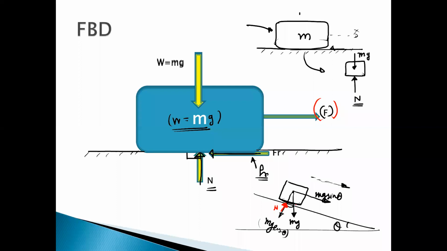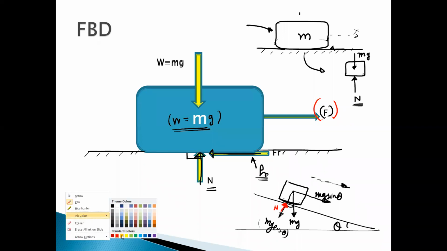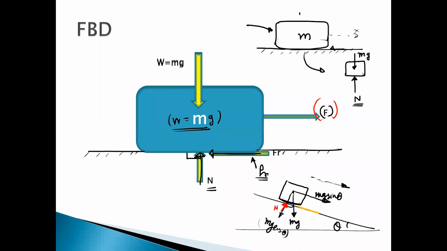Even if the object is not sliding down the plane, there will be one force which will oppose that motion, and that force will be the frictional resistance. As long as this mg sin theta is balanced by the frictional force, the object will remain in the stationary position or in the static condition.